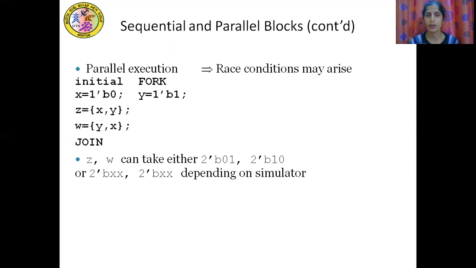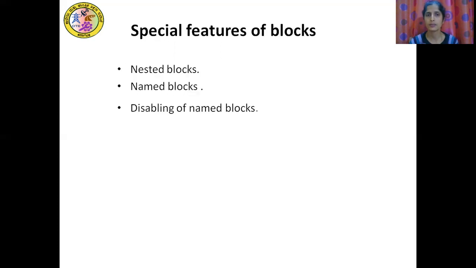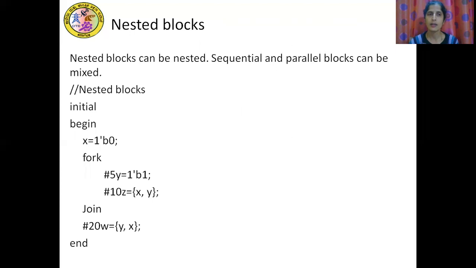Let's continue further with the special features of blocks. The special features of blocks are nested blocks, named blocks, and disabling of named blocks. Now let us know in detail about these special features. First one, nested blocks.